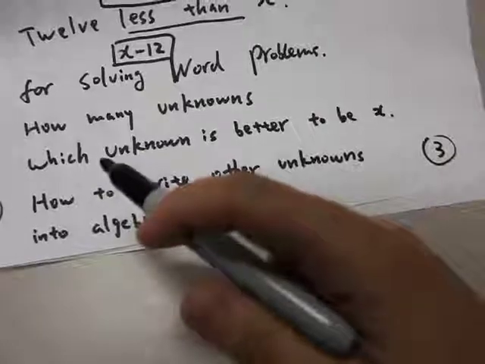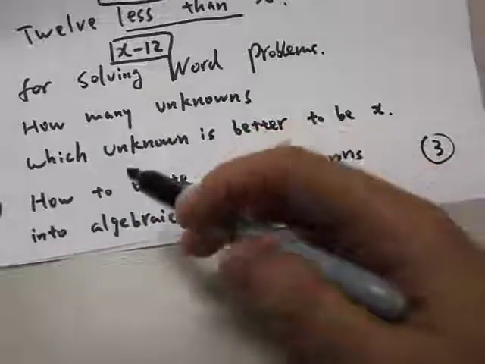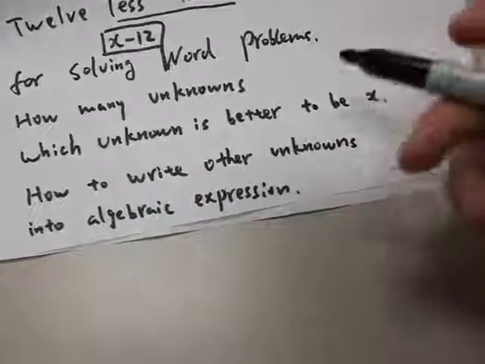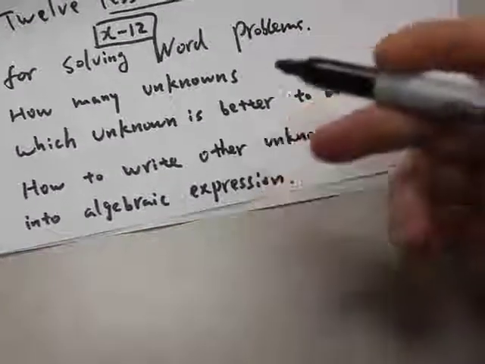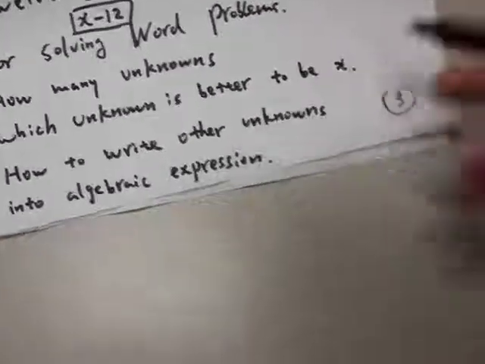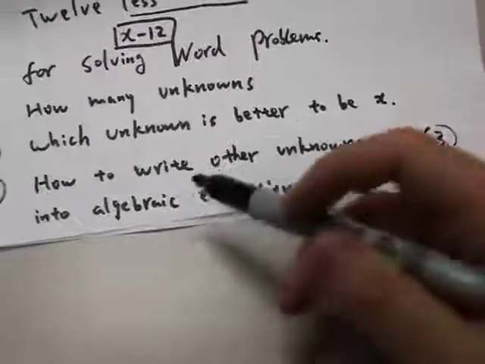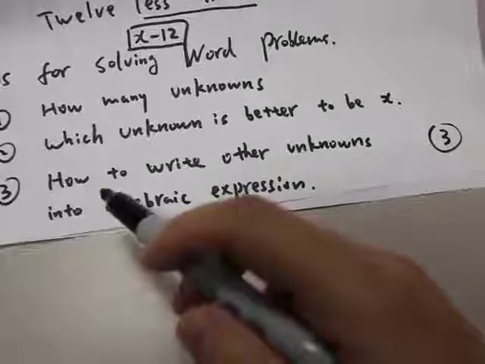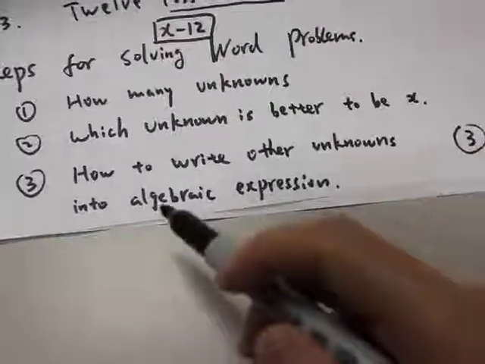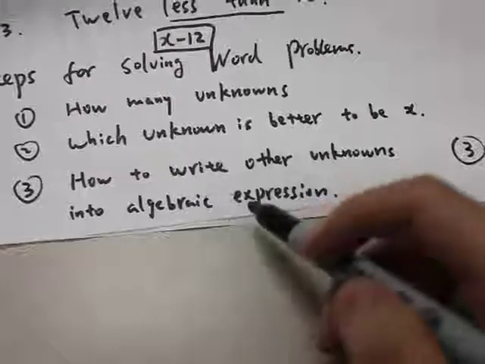The second task is, among all those unknowns, which unknown is better for us to let be x. And then we need to determine how to write the other unknowns into algebraic expressions.